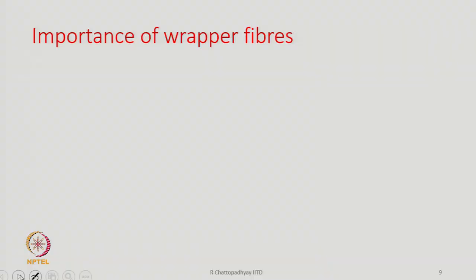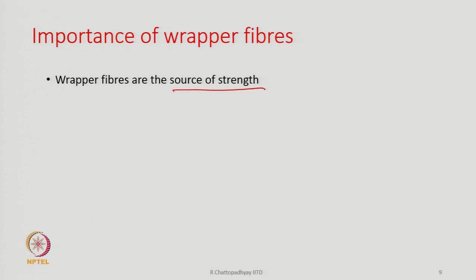Now, what is the importance of the wrapper fibers in this case? As we have said, the same fibers, part of it is forming the wrappers and part of it is basically a part of the core of the yarn. The wrapper fibers are the source of strength. Because they are wrapped and because one end is tucked in, these wrapper fibers can develop tension when the yarn is strained.